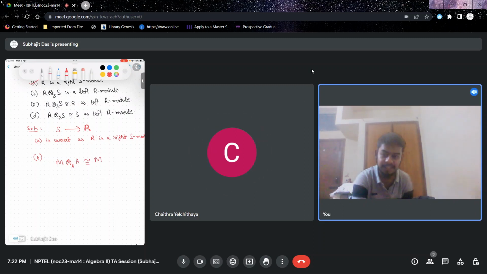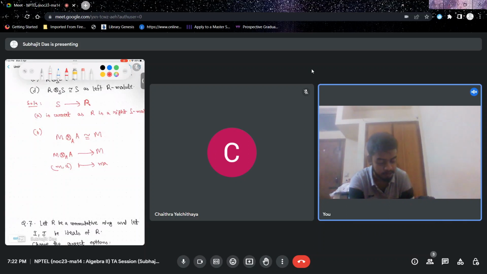This is a canonical isomorphism, and you can define the maps. Using the universal property, you have a mapping of this into M. You send M comma A onto MA, maybe let's say, or AM, doesn't matter because A is commutative. Even if A is not commutative, just assuming M is a right R module, then these are isomorphic as abelian groups. In the opposite direction, you have a mapping of M into M tensored over A with A. You send M to M tensored with 1.